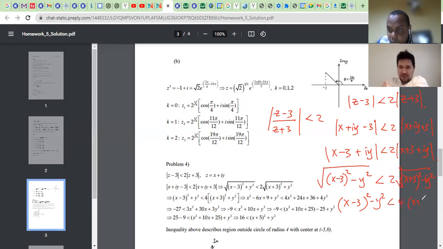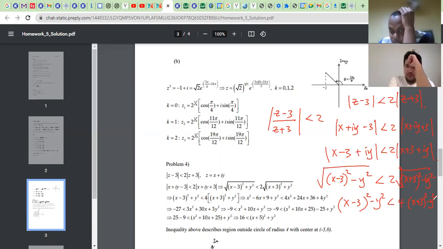No, just X minus 3. Yeah, I squared both sides, so that's going to be 4 times X plus 3 squared plus Y squared, right? Yes.